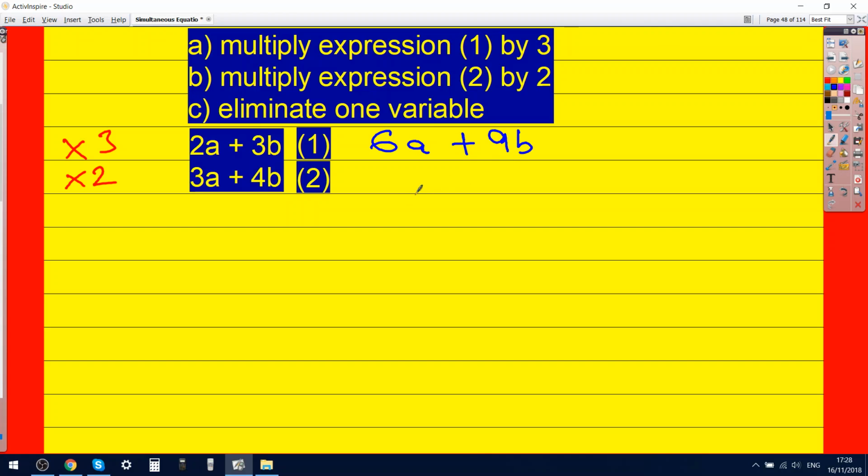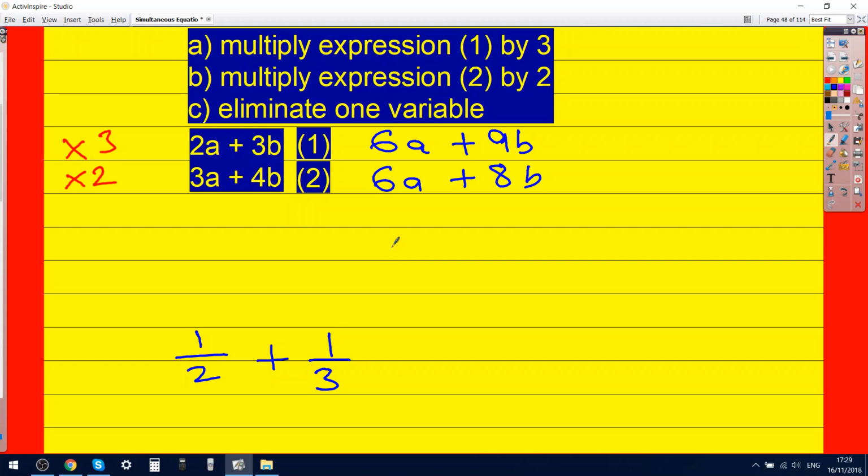And double the bottom one: 6a plus 8b. That's it.